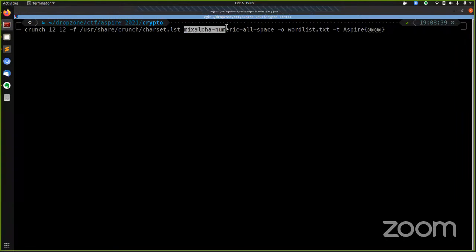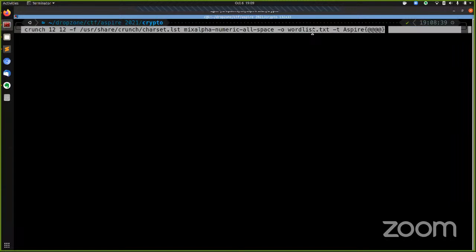Then we are going to cover all alphanumeric, numeric, and we are going to cover the alphanumeric key space in short. Then we are going to save them in a file called wordlist.txt.